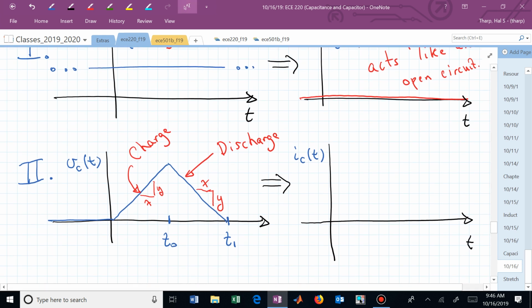ICE tells me I need to worry about the slope, dV/dt, and I have that on either side of t sub 0. During the charge phase, I have a slope of y over x, but now I need to scale that by the capacitance, so I have this constant amount, which is C y over x, up until time t sub 0.